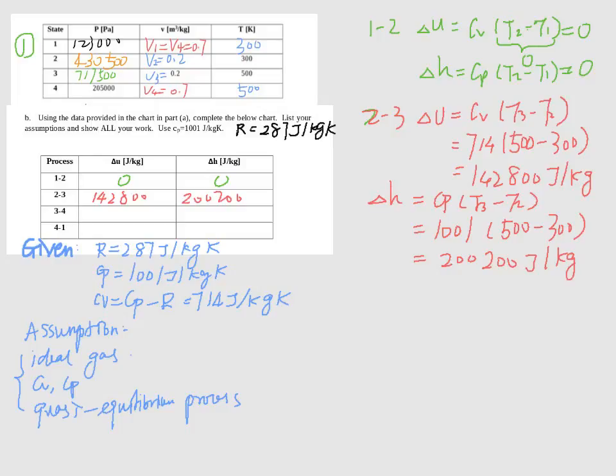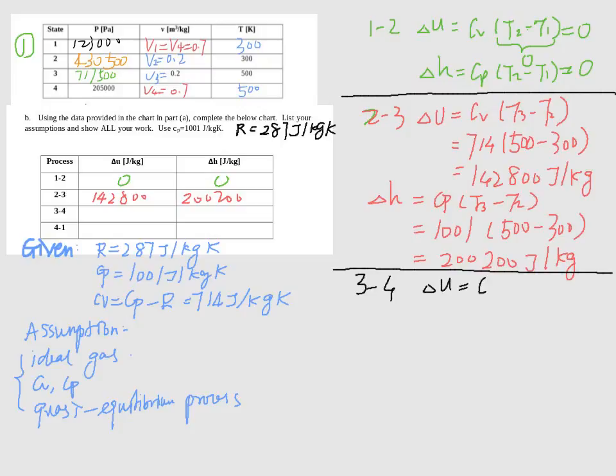So now let's take a look at state 3 to 4. I'm going to draw these lines. So 3 to 4, very, very similar. Internal energy is Cv delta T. But be very careful with the delta T here. Since we're going from 3 to 4, it's going to be T4 minus T3.